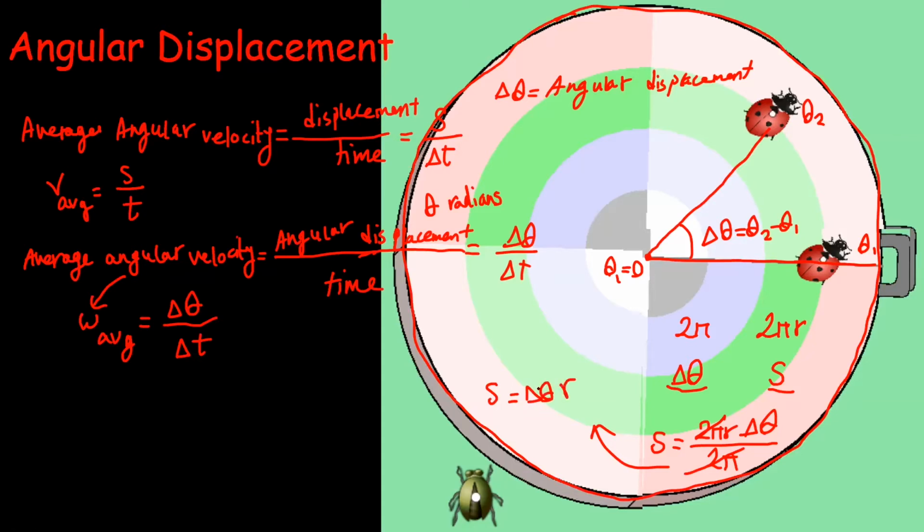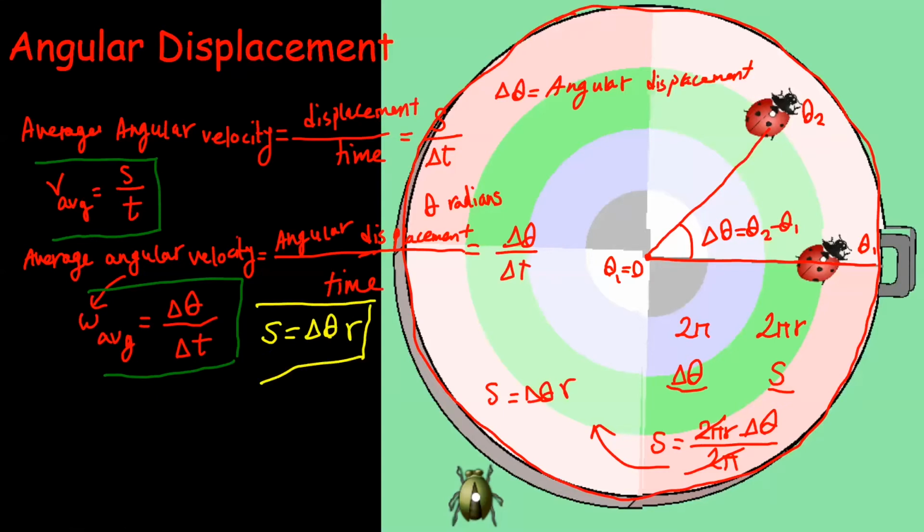So we have omega average is delta theta divided by delta t. We have v average, that is equal s divided by t, and right now we know that s is equal delta theta times r. It means displacement for linear motion is equal angular displacement times r.